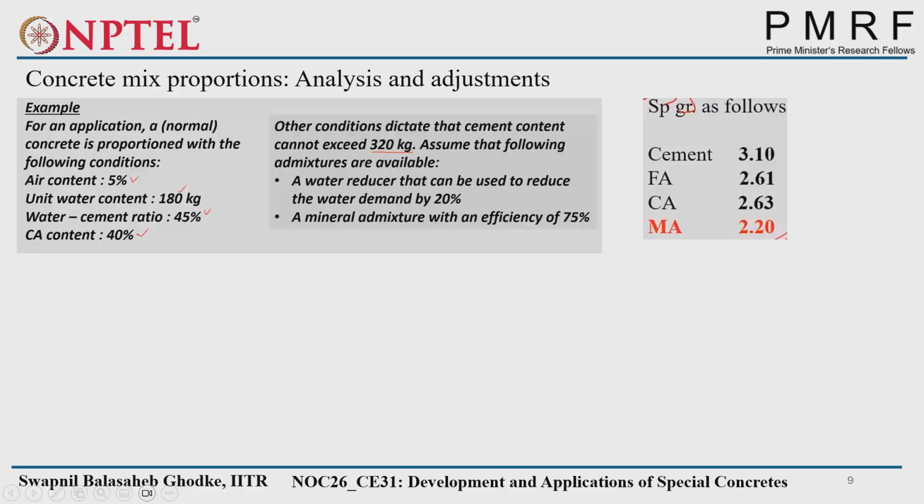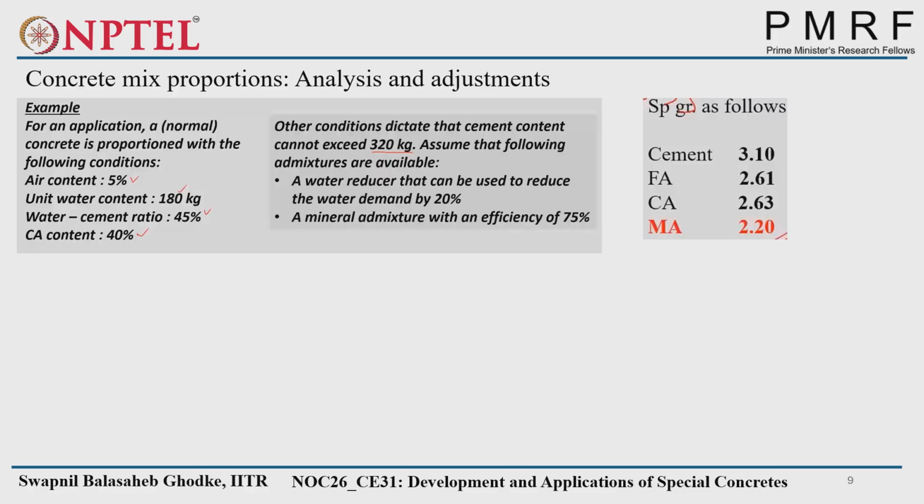But mineral admixture already has 75% efficiency. So how much mineral admixture do we have to add to replace the 80 kg cement? Suppose we added, for example, 100 kg mineral admixture.